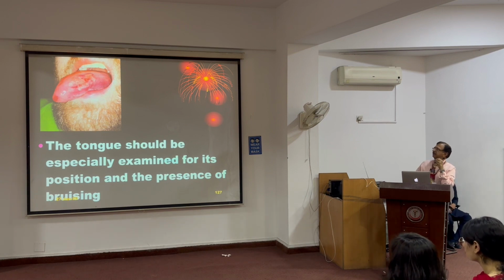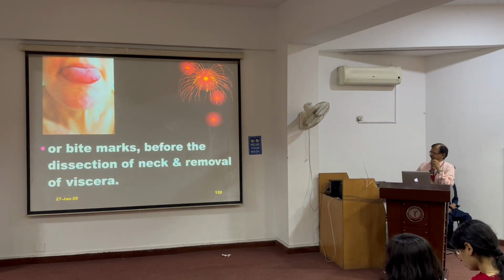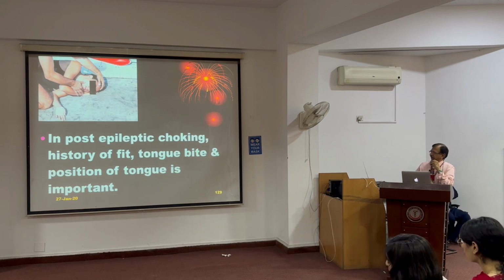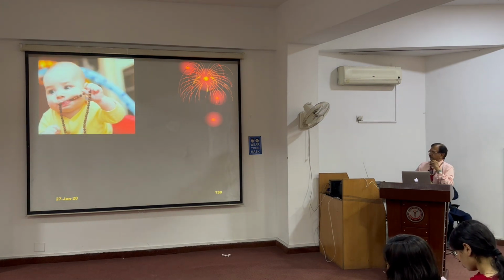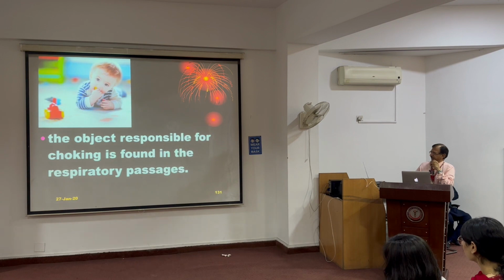It will be rubbing against the teeth, and you should examine it. And in epileptics, the history, the tongue bite and the position of the tongue is pathognomonic, and the foreign body will be found in the respiratory passages.